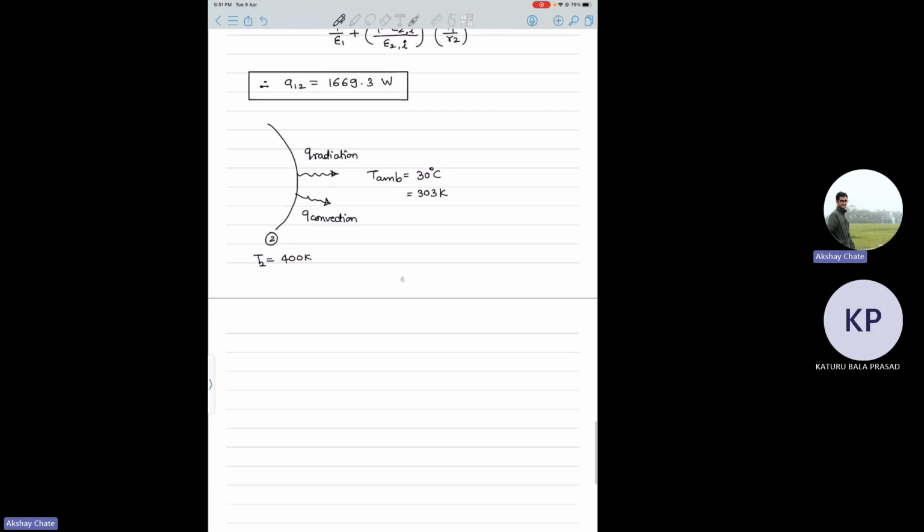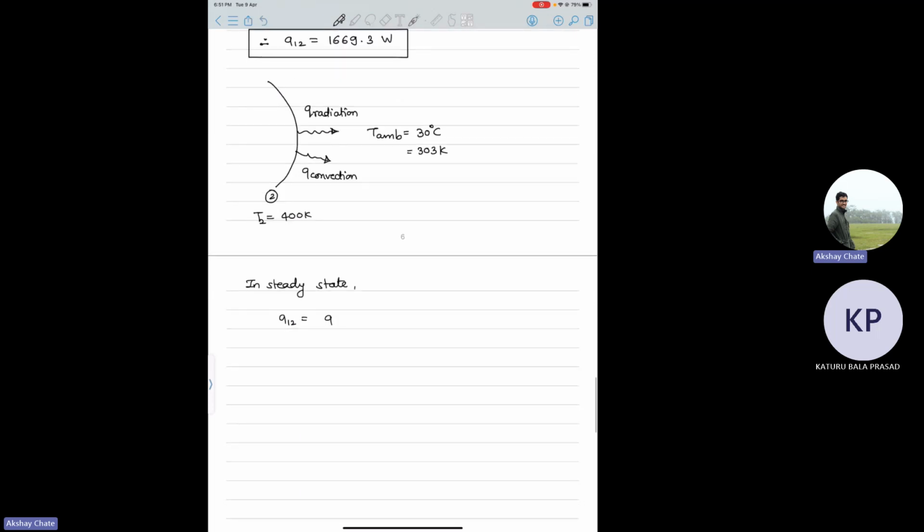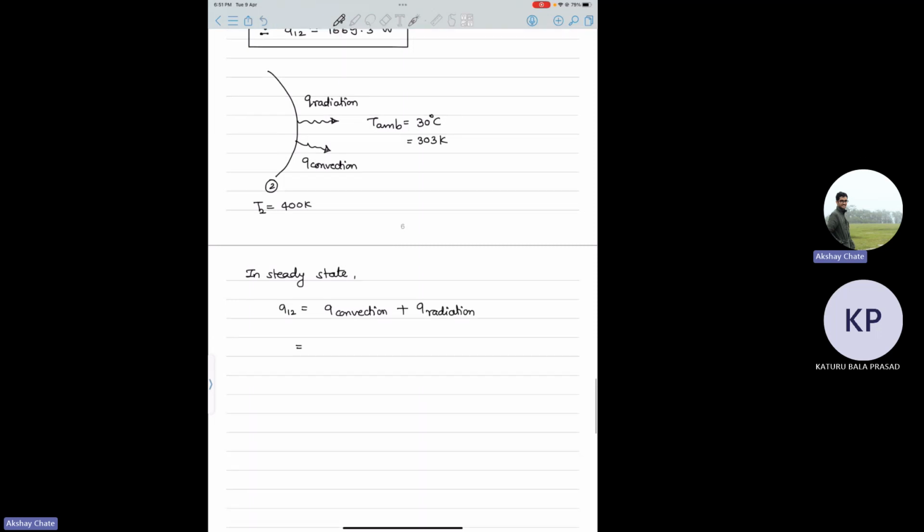So we know that in steady state, Q12, which is the heat transfer rate between sphere 1 and 2, will be equal to Q convection from the outer surface and Q radiation, right? That is what your energy balance tells. What will be your Q convection?